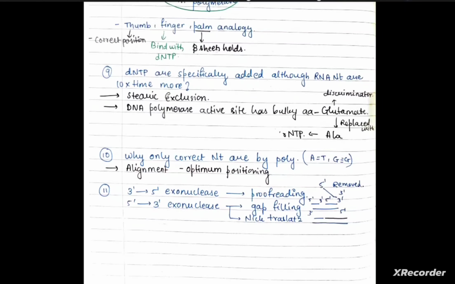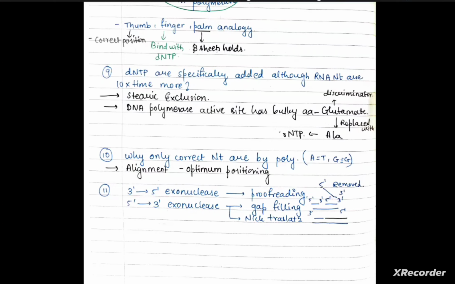The next question that can be asked is why only correct nucleotides are added by polymerase. This is because of optimal alignment, which I already spoke about, how the hydrogen bond is formed. The next important topic here, which we'll be looking at in the next lecture, but still I have it in my notes, I'll talk about that. So 3' to 5' exonuclease is a proofreading activity. What is a proofreading activity?